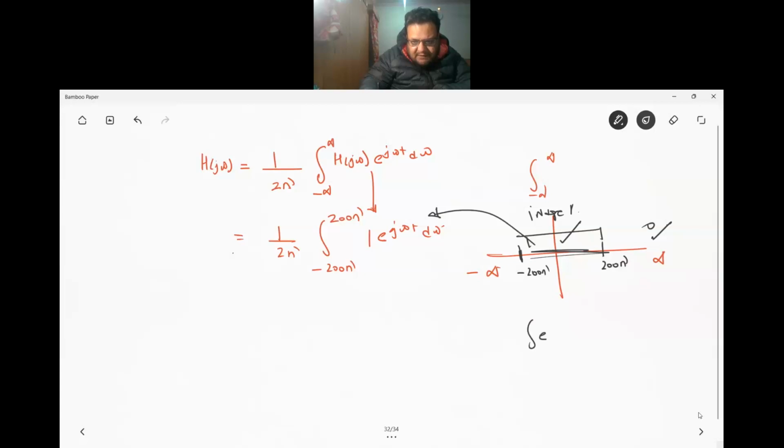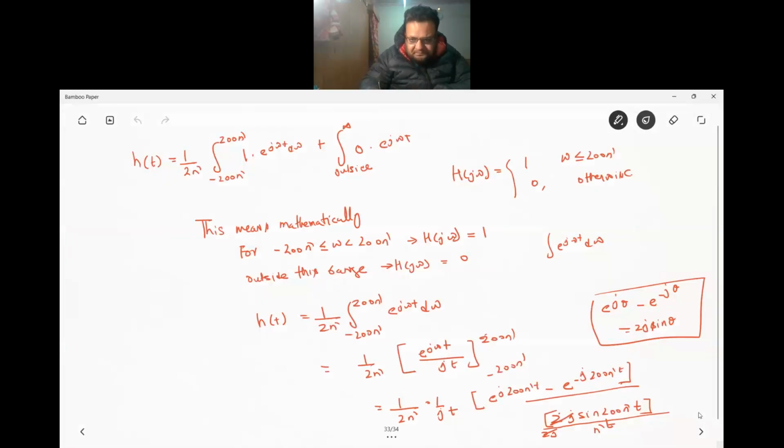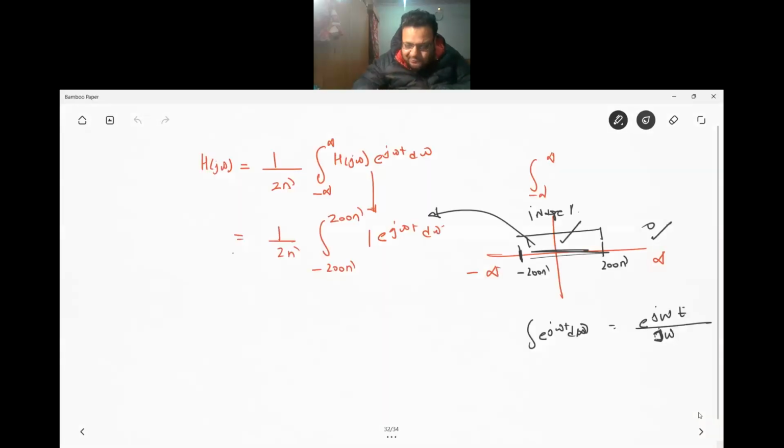So if you integrate e^(jωt) dω with respect to ω, it becomes e^(jωt) divided by jt, since t will be there with respect to omega.